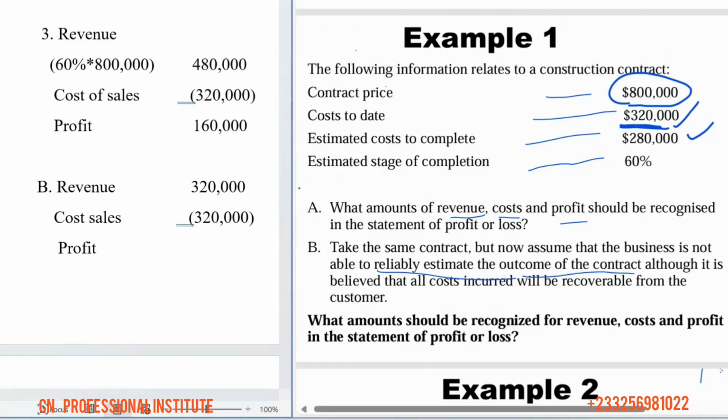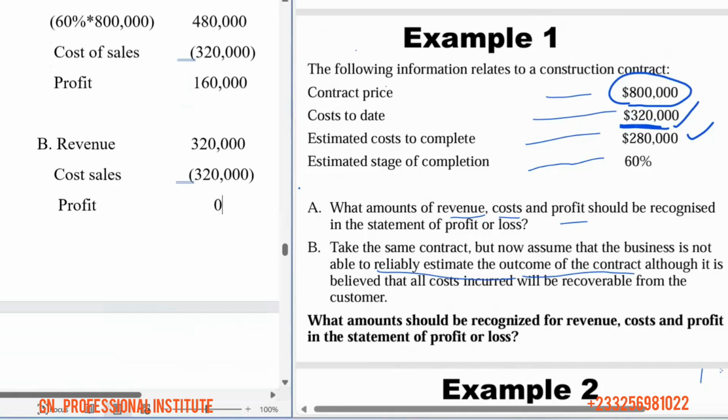Meaning you have to record cost of sales equal to revenue. So we are going to pick our cost to date as the revenue. The standard says we should record zero profit if we cannot estimate the outcome of the contract. So you record revenue equal to your cost to date, leaving you with zero profit.